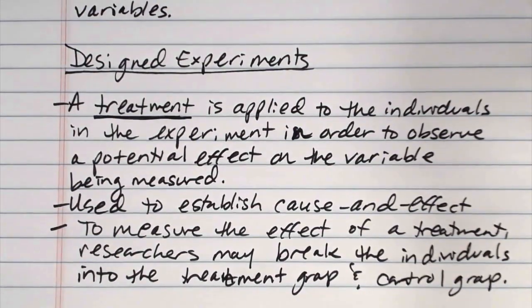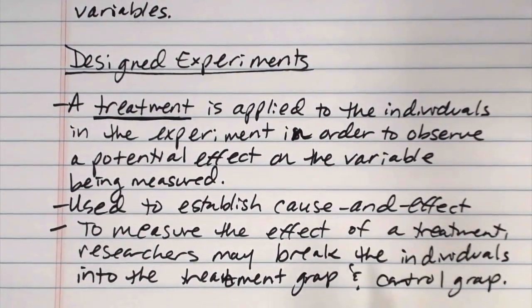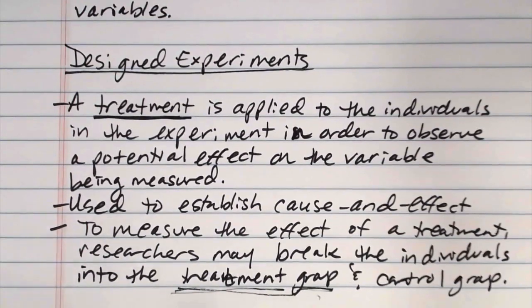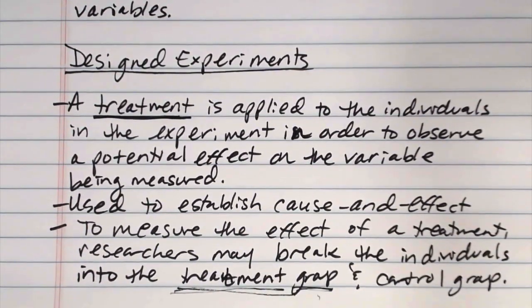Now, I'm assuming a lot of you have probably heard this term control group before, but we'll go ahead and talk about it. Treatment group is the group that gets the thing that's being studied. So if it's a new medication, the treatment group gets the medication. If it is a new tutoring program, the treatment group gets the tutoring. If it's a paint color, the treatment group gets the paint color.